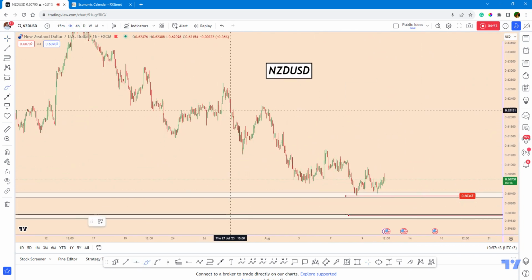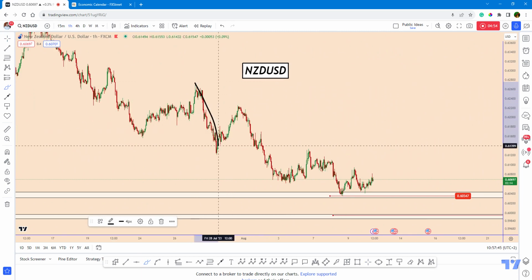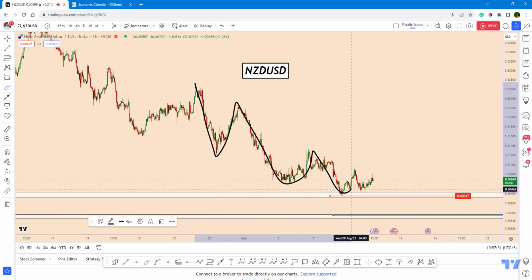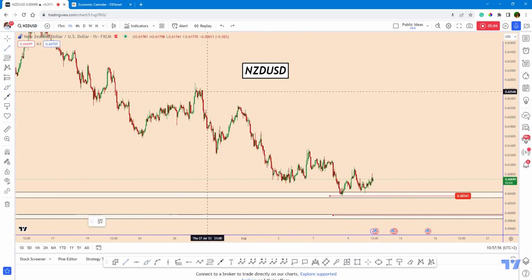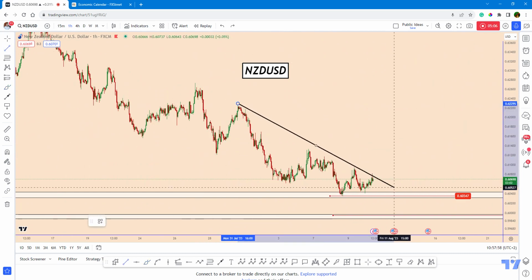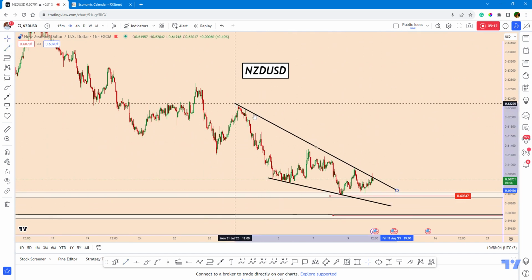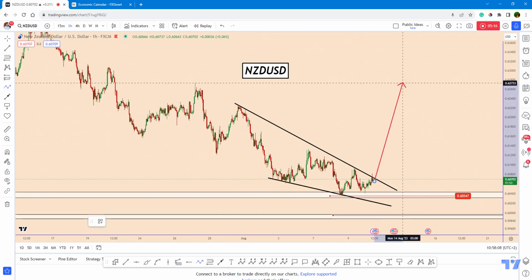So far we can see that the price keeps contracting since the end of July. It is moving up and down, waiting for the news event at this moment. I'm also looking at this small pattern, but it is not valid yet. We cannot take it for granted that the price is going to explode.